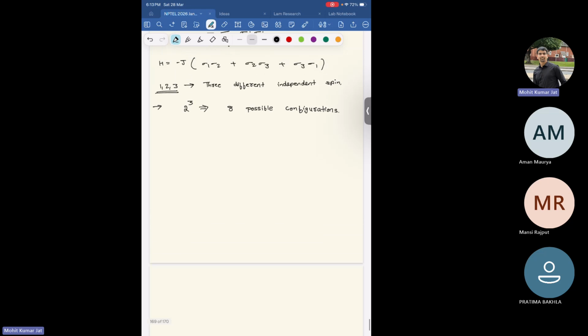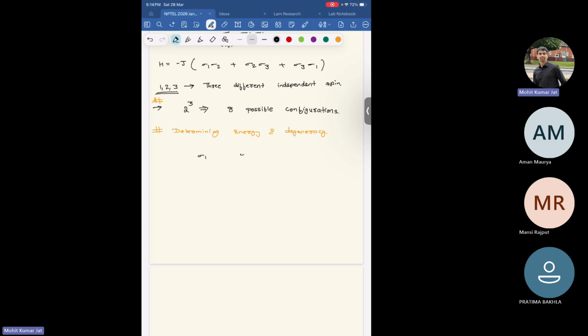So let me divide it: this is one section, and another section will be determining energy and degeneracy. Let's go. One configuration which can be there is that all the spins are the same, sigma 1, sigma 2 and sigma 3, all three are the same. So let me make a table, then you will get it better.